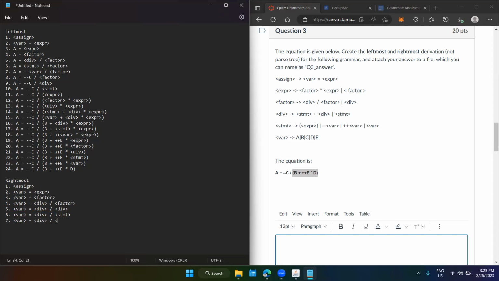Statement points to parentheses expression. And then inside, expression points to factor times expression.